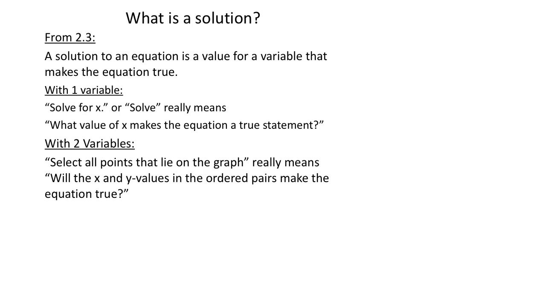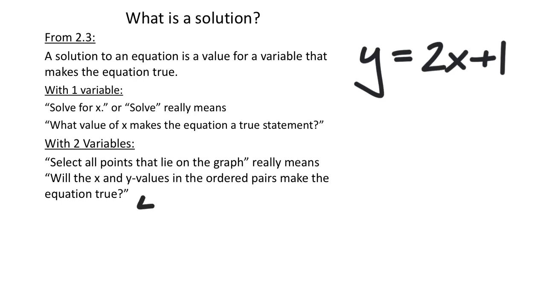So in the last section we saw, let's just look at a basic equation like this, right? y equals, I don't know, we'll say 2x plus 1, okay? Now looking back at 2.3, remember that if we have two numbers that are equal like this, then we're in pretty good shape, right?